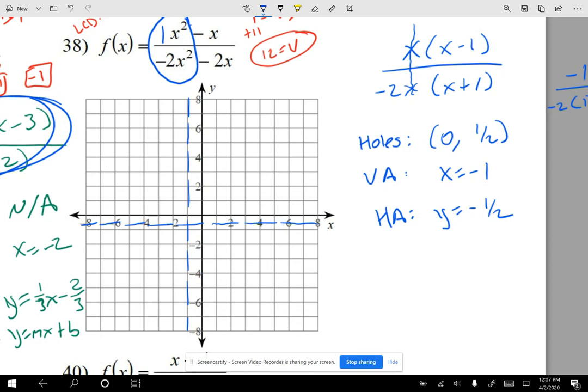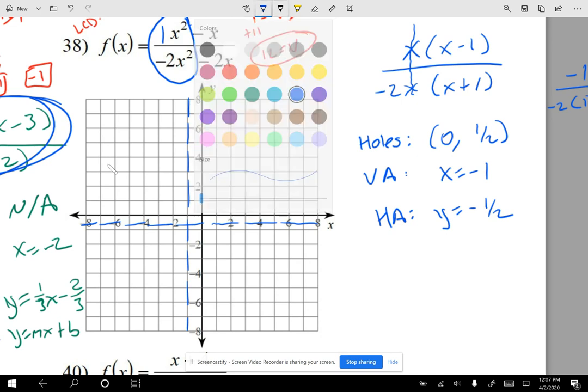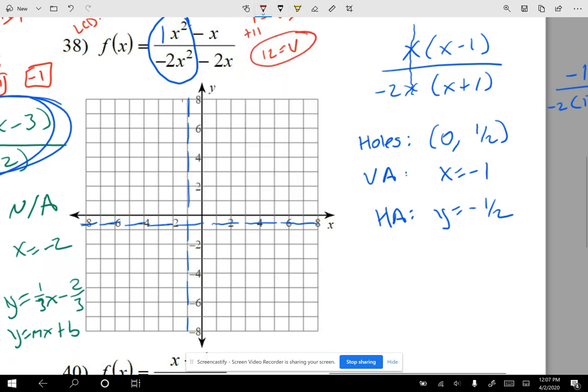I know to the left of my vertical asymptote, I either get a graph that looks like this or a graph that looks like this. The way I'm going to find out is to choose a value of x to the left of the asymptote. So I'm going to choose negative 2.